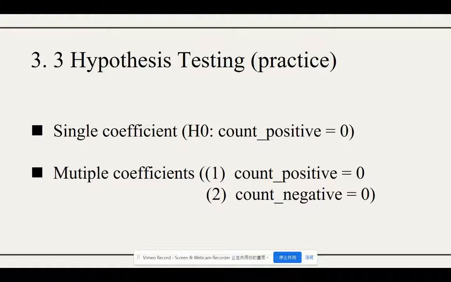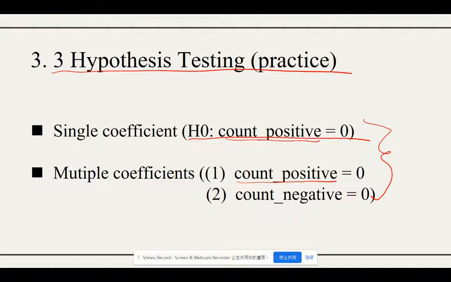In practice, I will introduce the practice as the work in the course. Okay, so you can practice later. I assigned the null hypothesis: count positive equals 0, a single coefficient, and another is count positive and count negative.